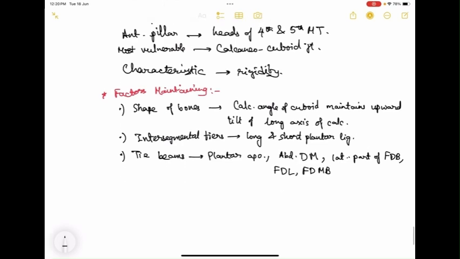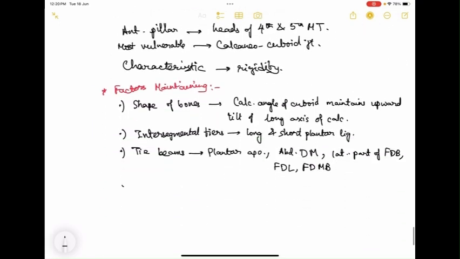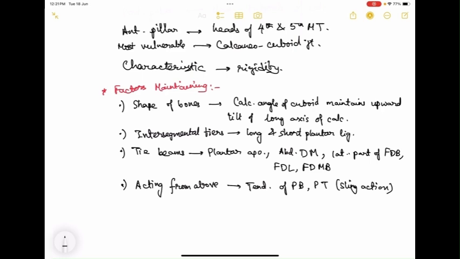And finally, acting from above: tendons of peroneus brevis and peroneus tertius exert the sling action. Peroneus longus, sustentacular mechanism. So it suspends the arch by sustentacular mechanism.